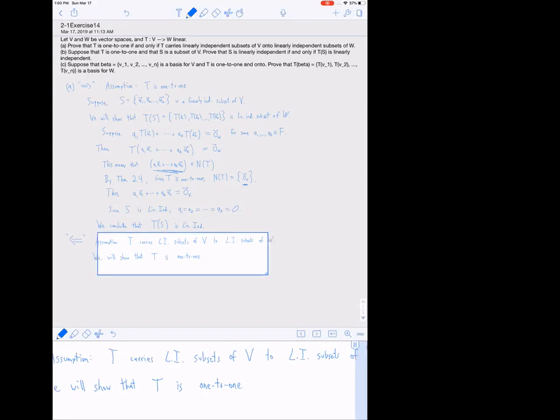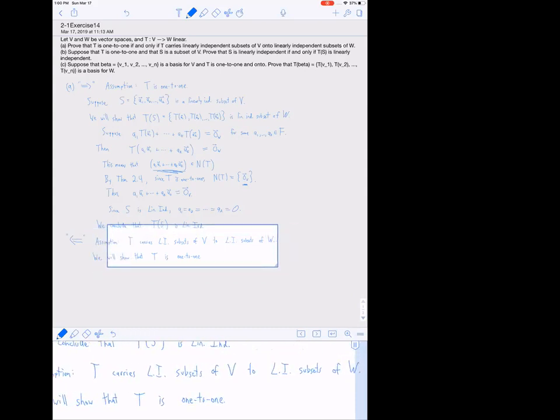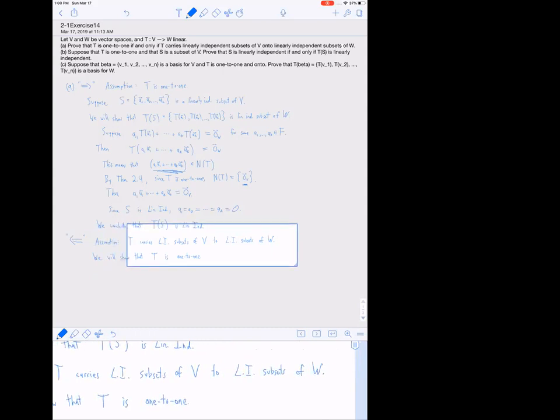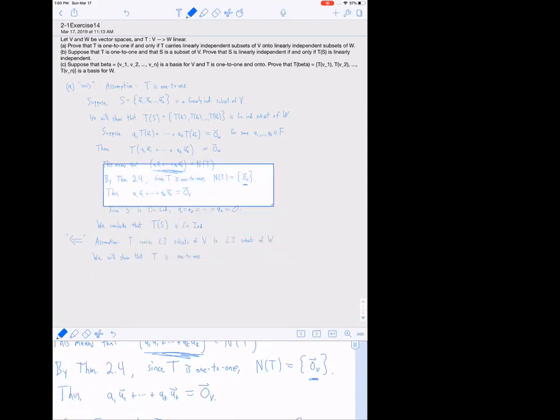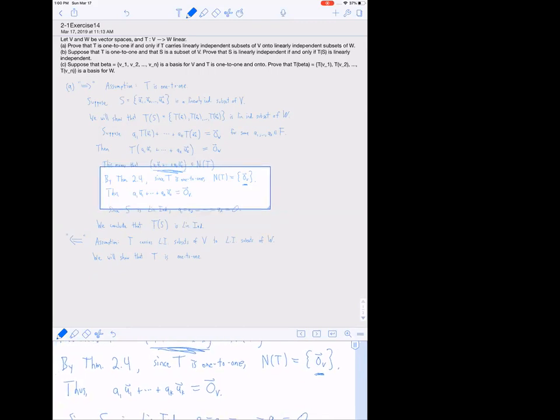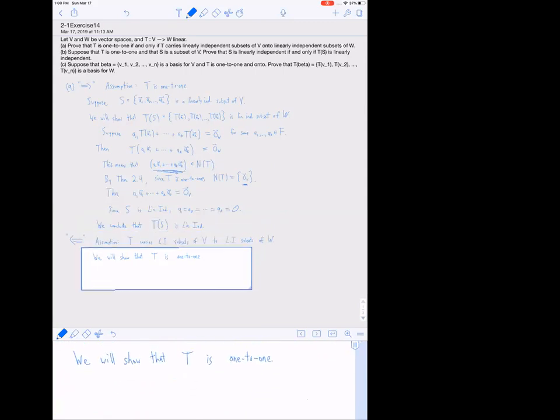But we know something about T carrying linearly independent subsets to linearly independent subsets that is related to representations of the zero vector. So maybe we'd like to try to use this theorem 2.4 again in the other direction. If we could show that the null space of T was equal to 0, then we would conclude that T is 1 to 1. So that's going to be our method here.